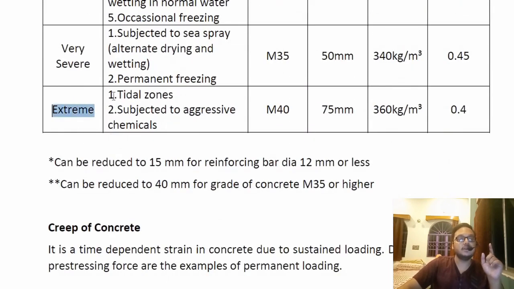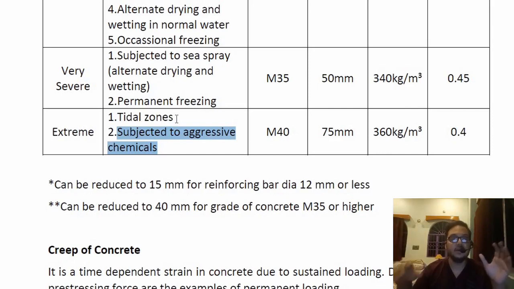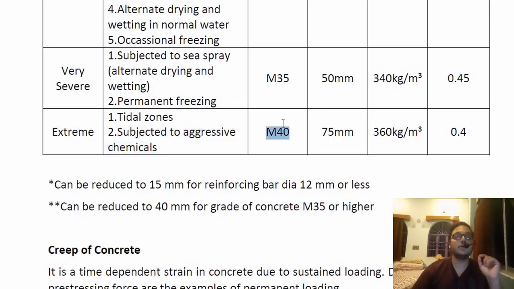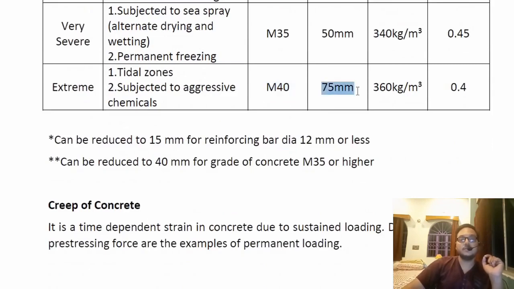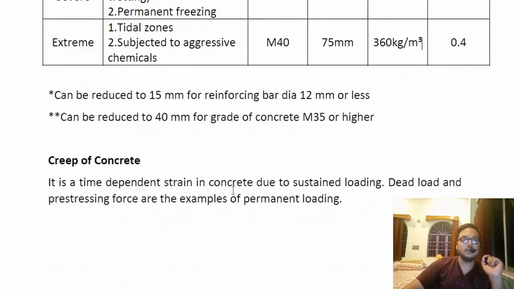Finally, the extreme conditions are the tidal zones and those subjected to aggressive chemicals, like if the zone is subjected to a very high amount of tides, like some structures around the seashores, or if it is subjected to some aggressive chemicals, like a chemical factory where aggressive chemicals are there, so we can say that M40 concrete will be good enough for this, with 75 mm of nominal cover and 360 kg per meter cube as the minimum cement content, and 0.4 as the water to cement ratio.